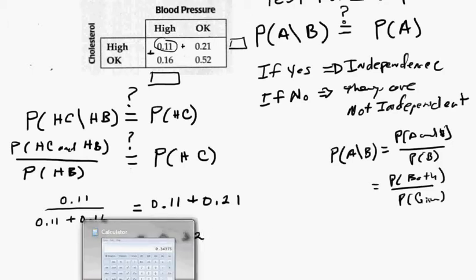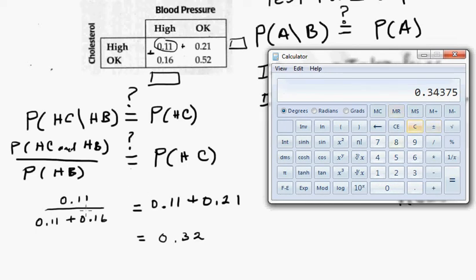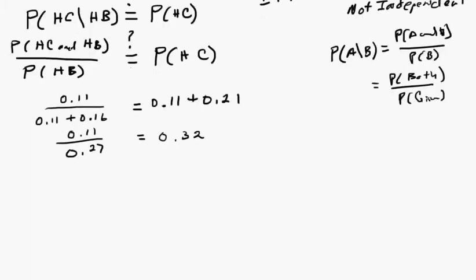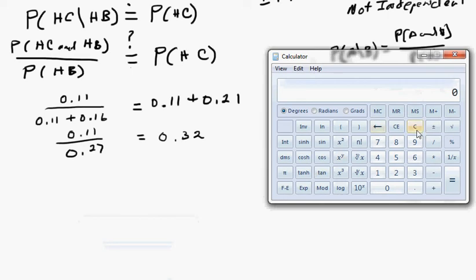Over here I get 0.32, and I'm going to use my trusty calculator. This is going to be 0.11 divided by 0.27.